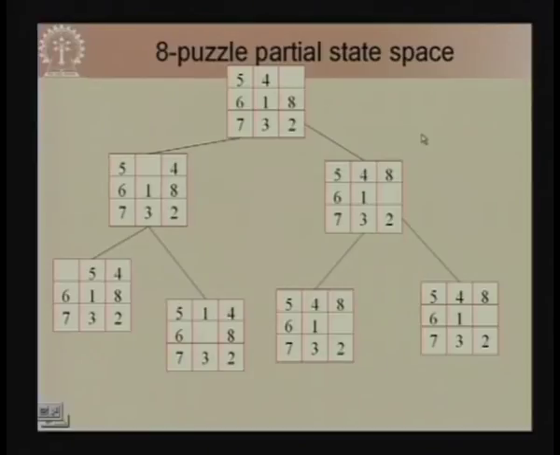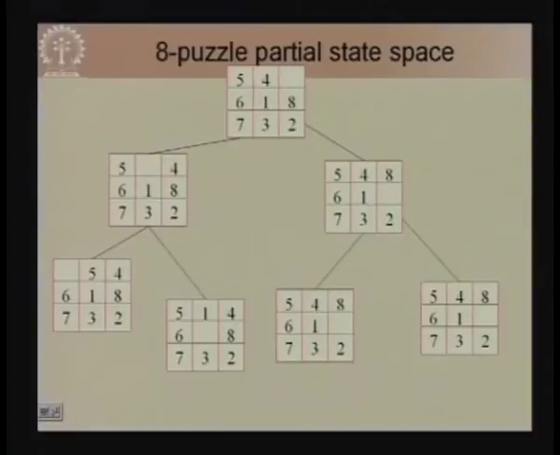So, this is a very simple example of an implicit state space, where we describe the operators and the result of applying the operator. The operators are move blank up, down, left or right. There are 4 possible operators, and we also give the preconditions under which an operator can be applied.